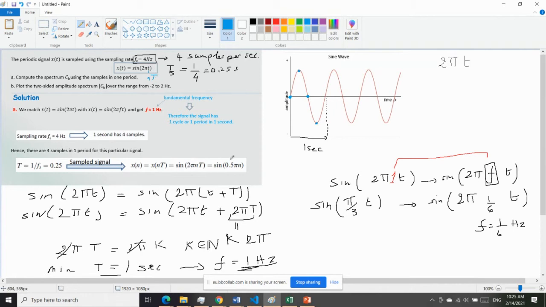Ts here is 0.25, so the argument becomes 2 pi n times 0.25 seconds. So 0.5 times 2 gives 0.5 pi n. So these are the discrete samples. If we want to compute the discrete samples, this is the formula.